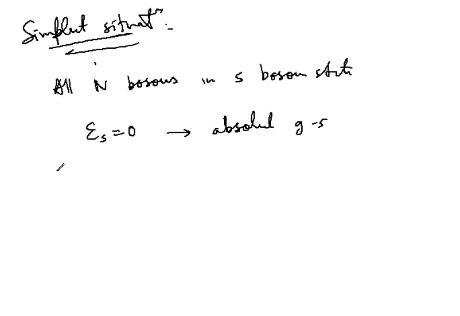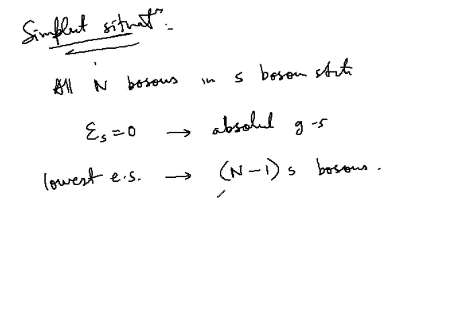Now, what is the lowest excited state? The lowest excited state will have how many? Capital N minus 1 S bosons plus 1 D boson.